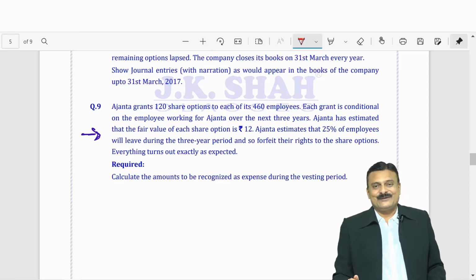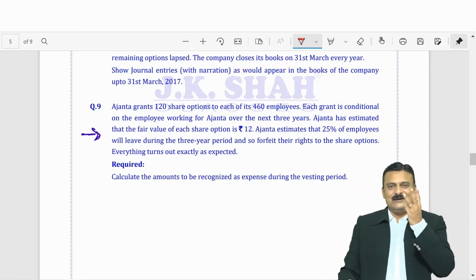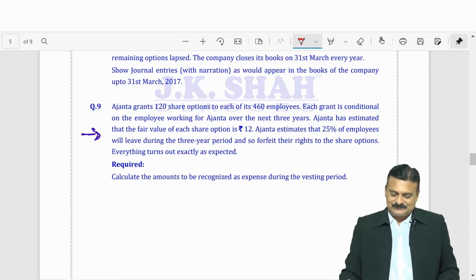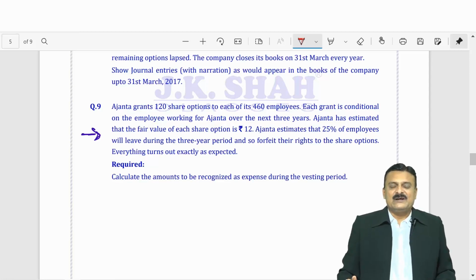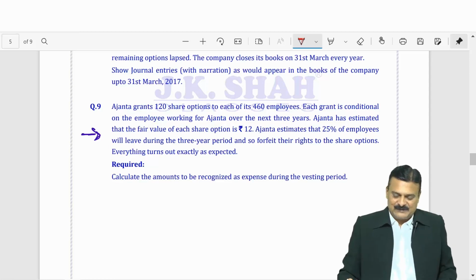The company is putting a condition that the ESOP facility will be there for you when you work in our company for 3 years. Ajanta has estimated that the fair value of each share option is 12. It means employee compensation expense for one share option is 12 for your company. Ajanta estimates that 25% of employees will leave during the 3-year period.